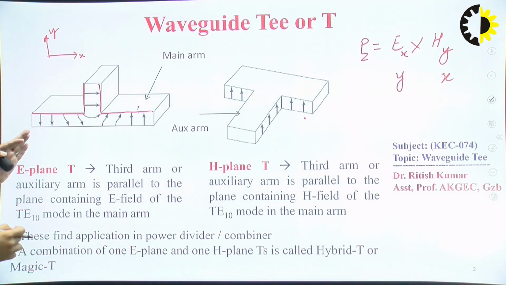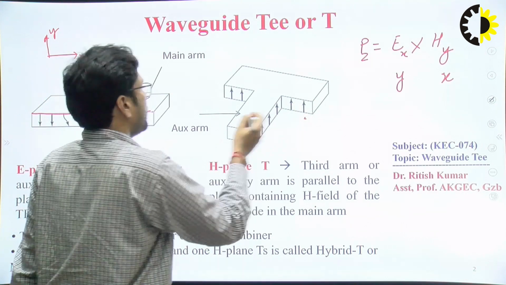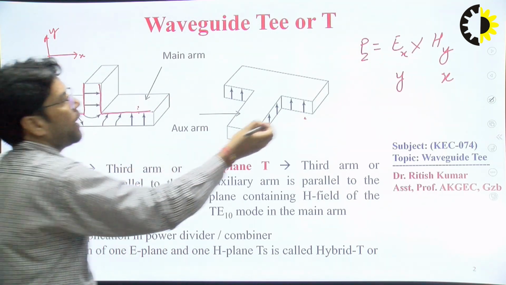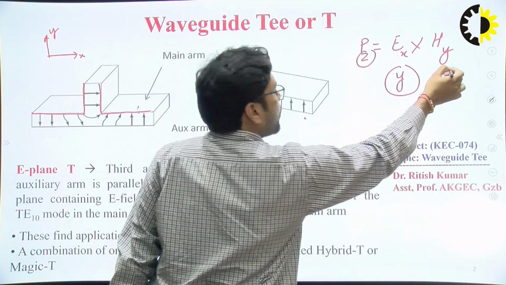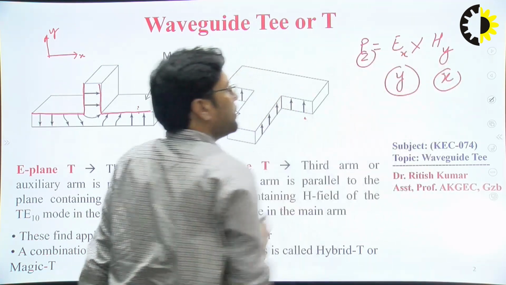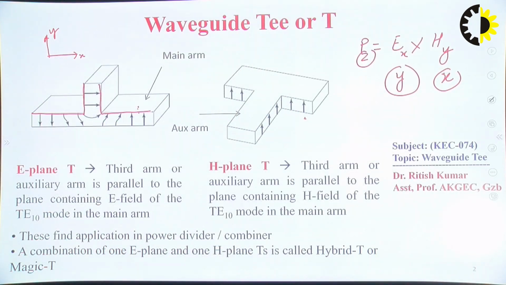So in terms of planes, the yz plane is known as the E plane, while the xz plane is known as the H plane, right?